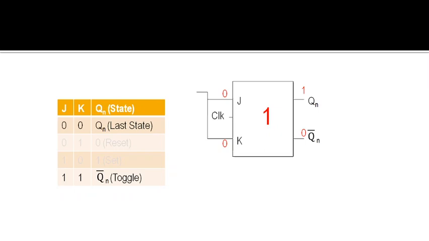Had it been storing 1, it would keep storing 1, and if it was storing 0 previously, it will be storing 0 like this. Both the inputs are 0 and the flip-flop will store a 0 if it was earlier 0 and it will store 1 if it was earlier 1.